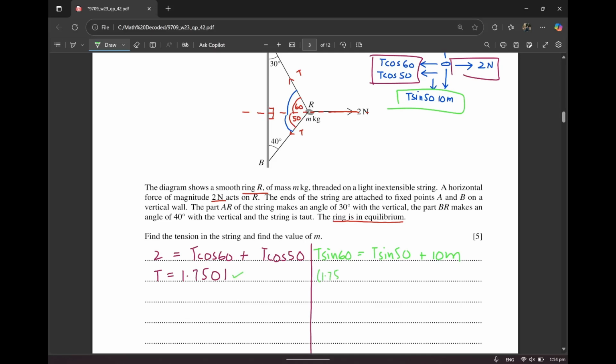That's going to be 1.7501 into sine 60 is equal to 1.7501 into sine 50 plus 10m. This is going to give me the value of m to be 0.017 kg.